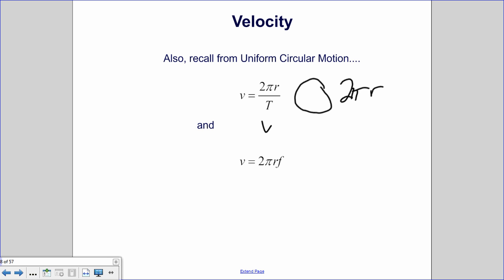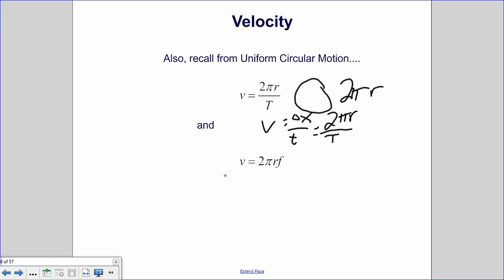And velocity is simply displacement, delta x, over time. So if we want to know the velocity of something, the circumference would be how far it moved. So that's where 2 pi r over T comes from, where T is the period, the time it takes for one full cycle. So that's where that formula comes from.